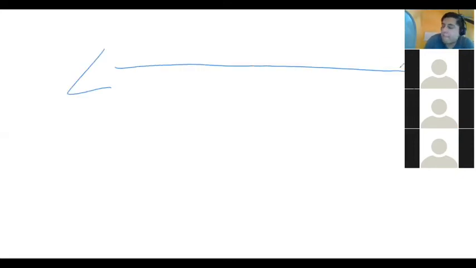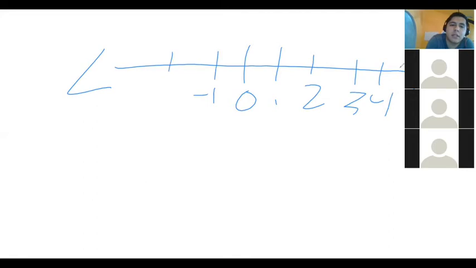Okay, so if we keep thinking about numbers on the number line: 0, 1, 2, 3, 4, and -1, -2, -3. Let's say we're going to do some operations with those numbers. Actually, let me change the number line.